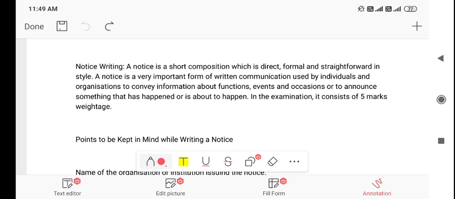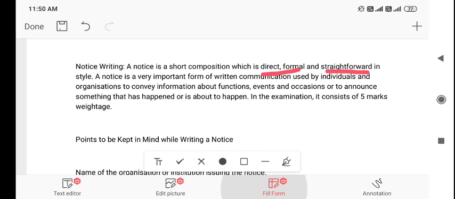A notice is a short composition which is direct, formal, straightforward in style. So it is very direct and straightforward. For example, when we write a letter to a friend or anyone, it is not straightforward. We start by asking their whereabouts, how your friend is or something like that.